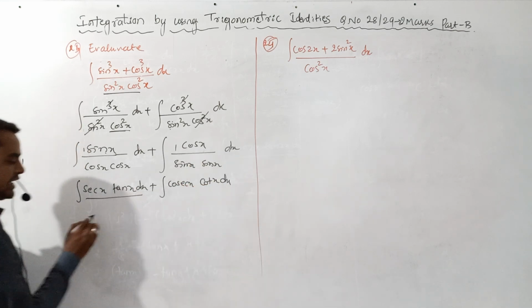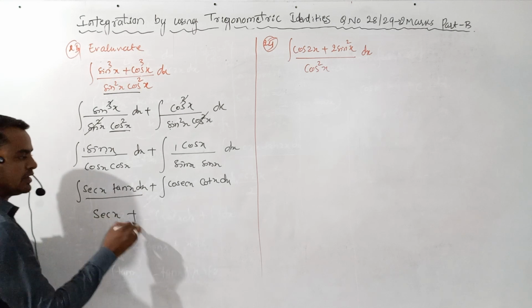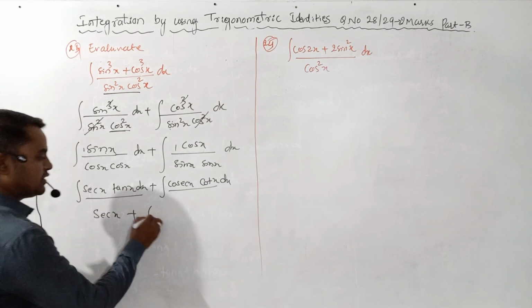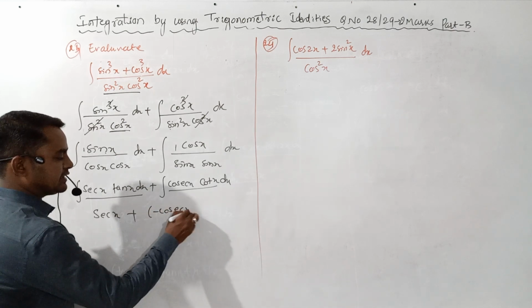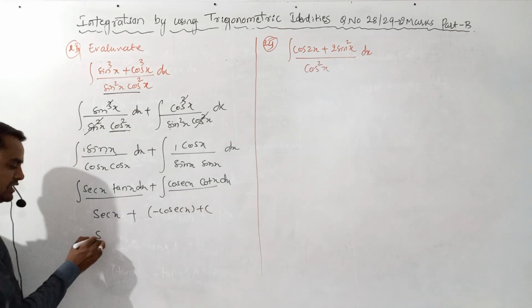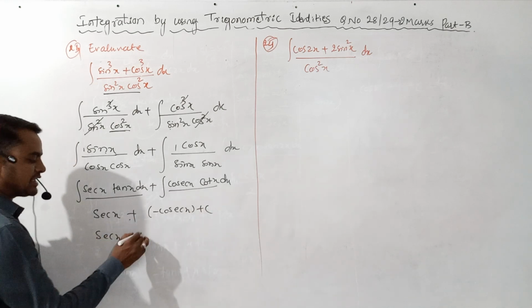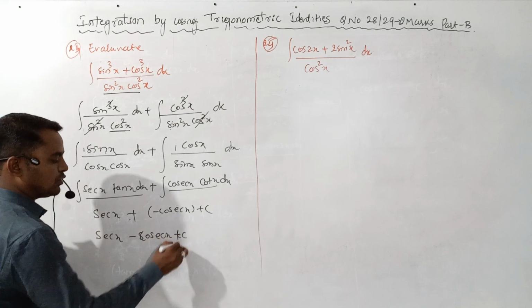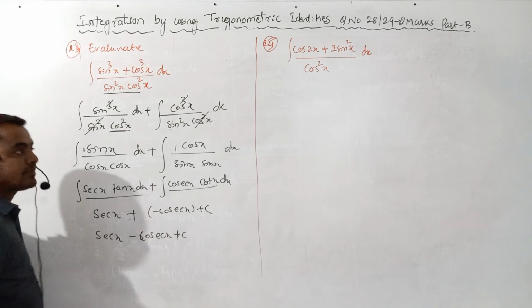Integration of sec x into tan x is sec x. Integration of cosec x into cot x is minus cosec x. So sec x plus into minus, minus cosec x plus c. That is sec x plus cosec x plus c.